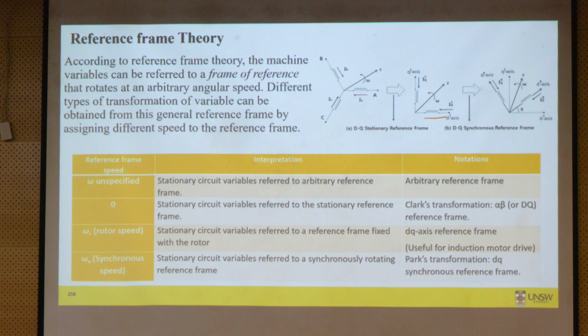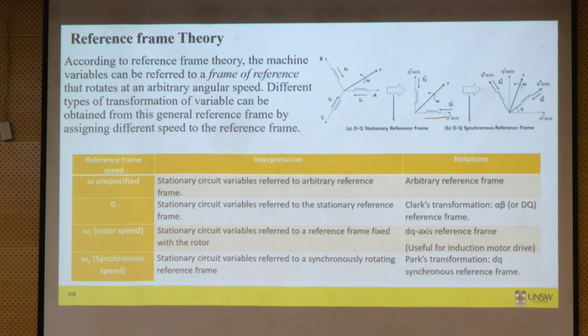Now these two windings, D and Q winding, it's up to us how we define them. If we say these D and Q windings are fixed to the stator, not rotating but stationary, we get the stationary reference frame. If we say this DQ winding is attached to the rotor and rotating at synchronous speed, we get the synchronous reference frame.